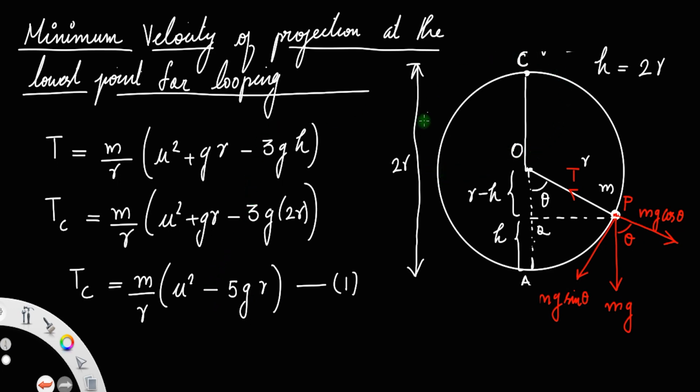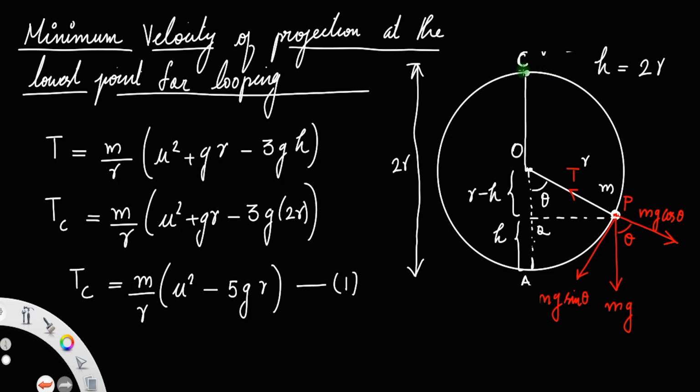In order to complete the circle, or looping, the body has to continue the circular path, so the tension at the highest point C must be greater than 0. If it is less than 0, the body will come back or it will slack. That's the condition.